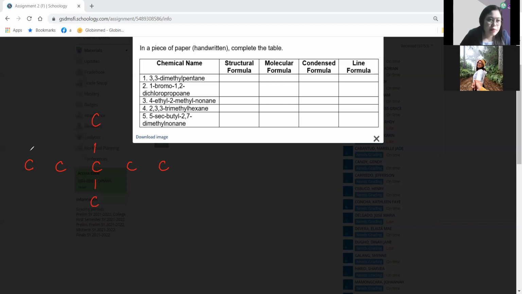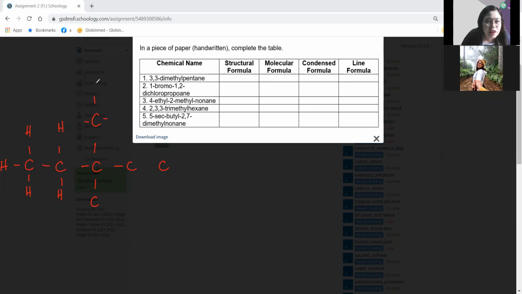So for carbon number 1, syempre ito pa lang yung bond niya, so kailangan niya pa ng 3 hydrogen. And then on carbon number 2, na meron na tayong 2 bonds dyan, 2 hydrogen na lang din. And then in here, 1, 2, 3, 4, that is already complete. So you don't need to place another hydrogen there.